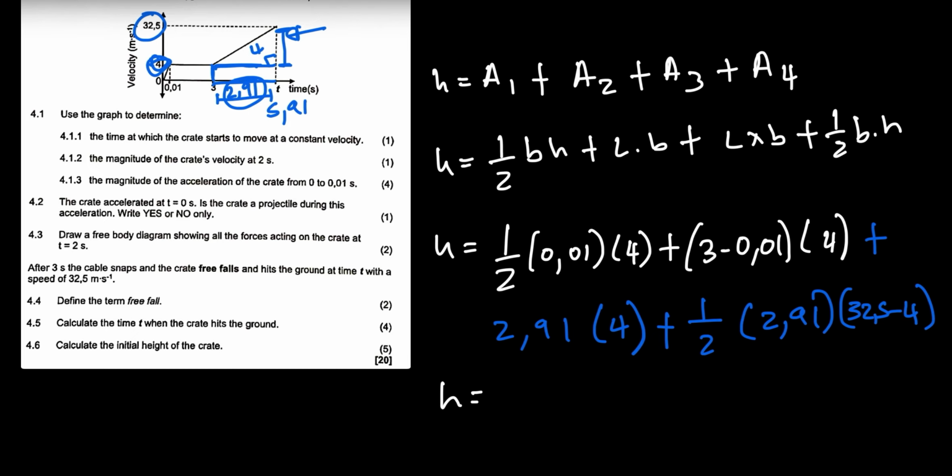And that should give us the total area. So the total area, which is the height, is going to be 65.09 meters. So this is the height that we get for the crane, the maximum height, or the initial height.